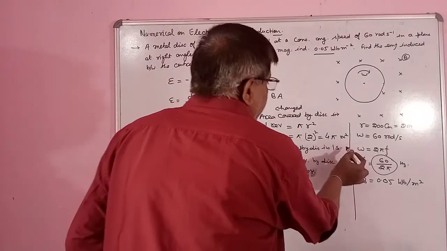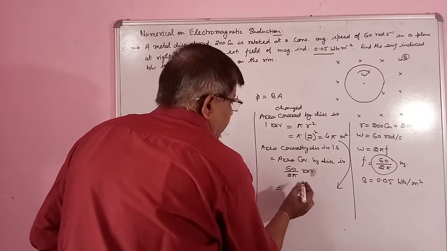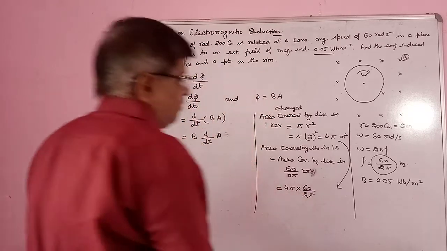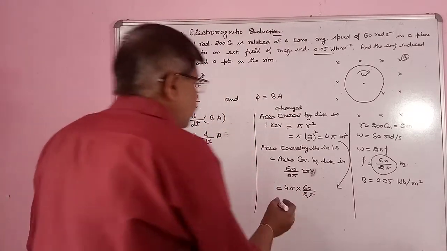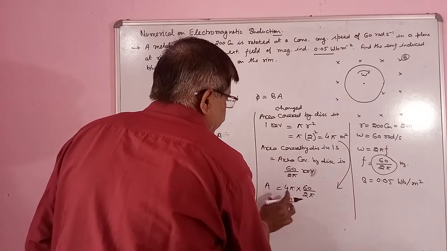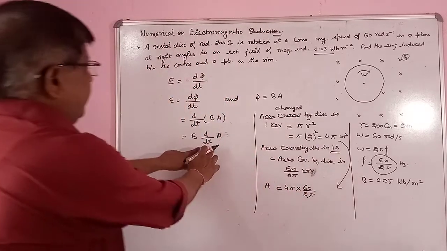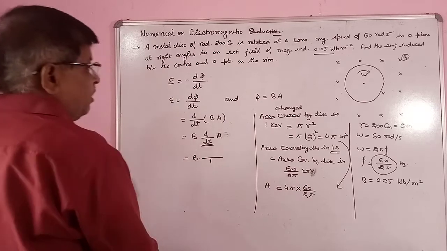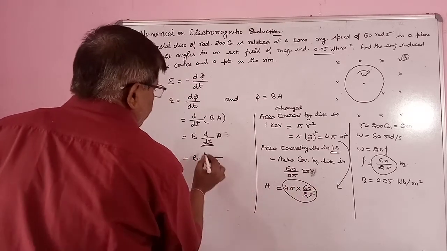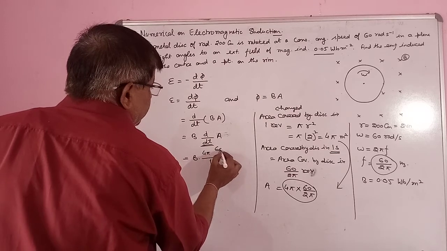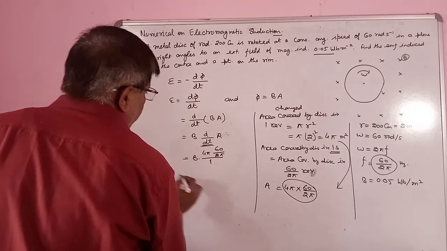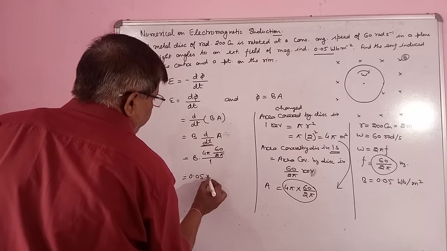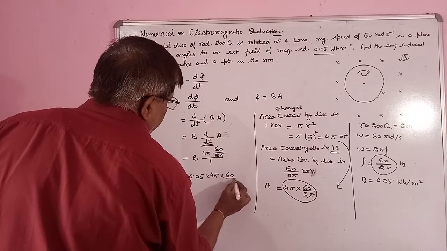So this is the area covered by the disc in one revolution, 4 pi, into 60 upon 2 pi. Basically this is the area change in 1 second. So we have taken time as 1 second, and the area change is 4 pi into 60 upon 2 pi. Putting all the values, E equal to 0.05 into 4 pi into 60 upon 2 pi.